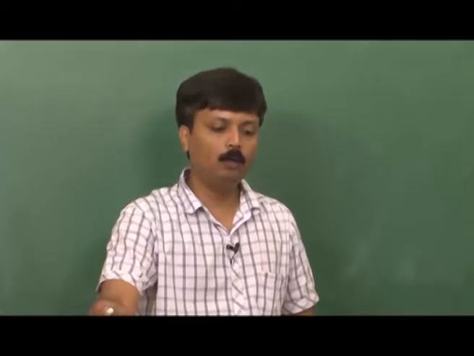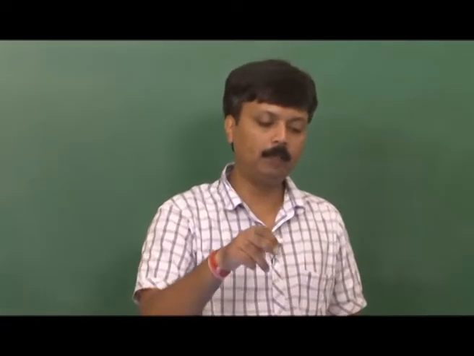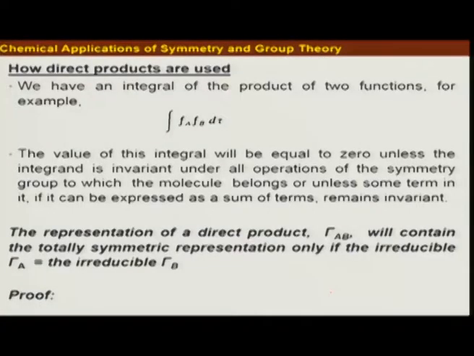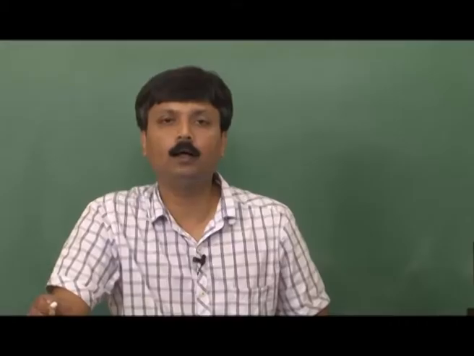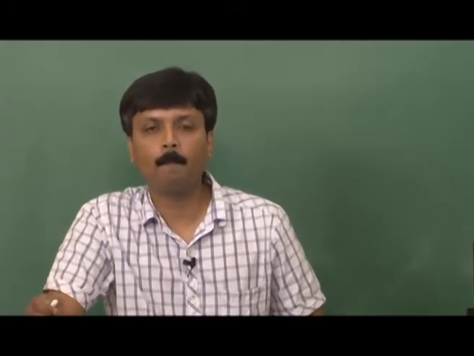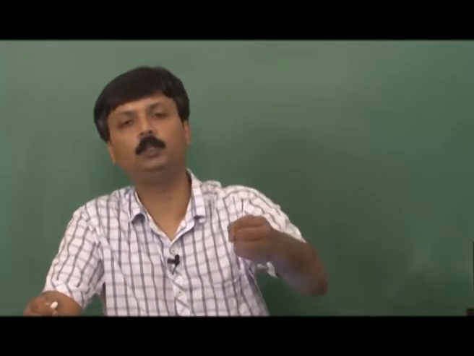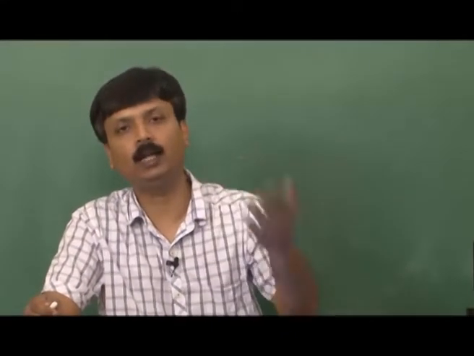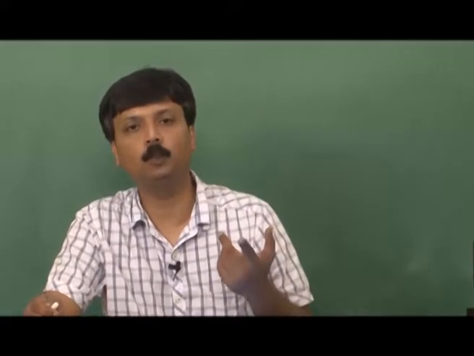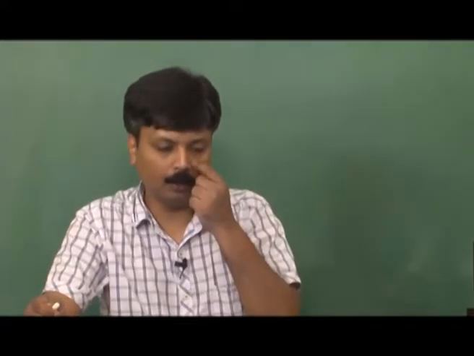Now we have been talking about this particular integral, that integral f_A f_B over d tau, that will vanish unless the total integrand is invariant. So what do you mean by this word invariant here? That means whatever symmetry operation you operate, it's not going to change. So all the time it will give you a +1 as character, right?